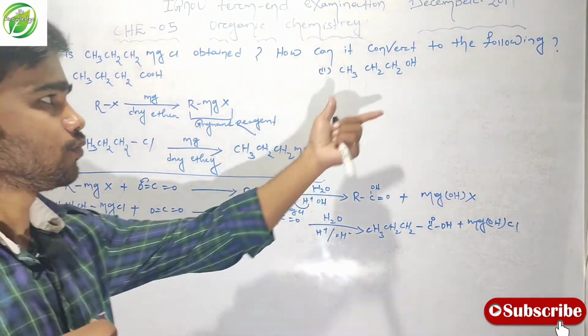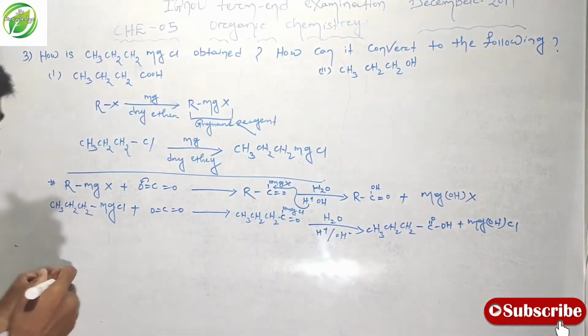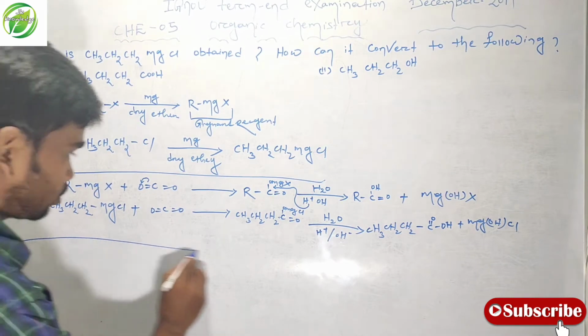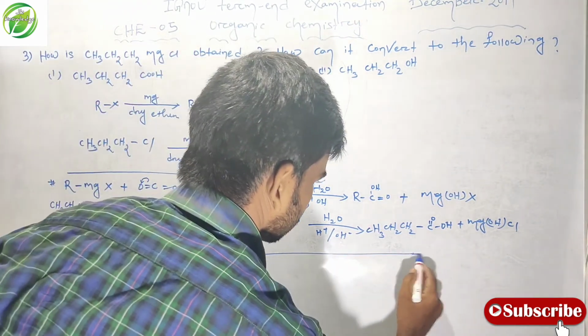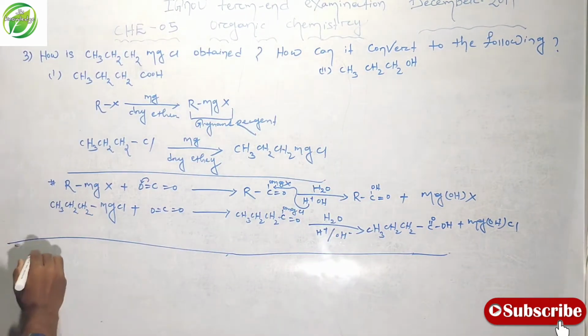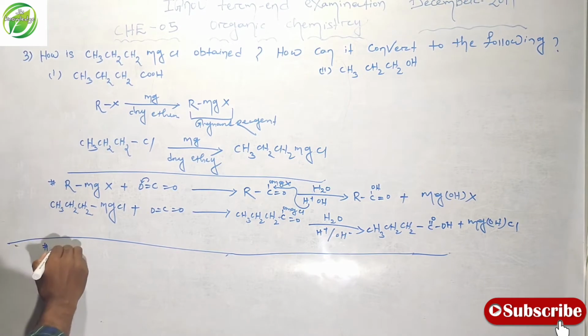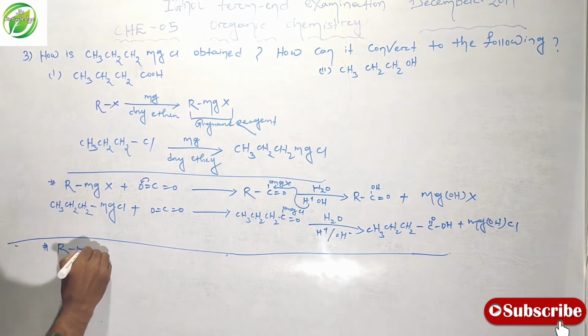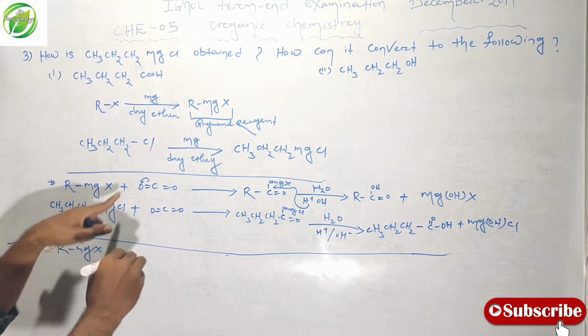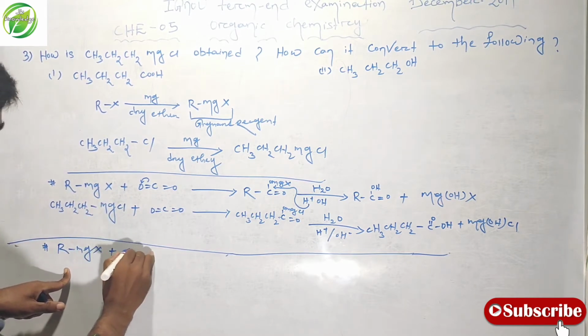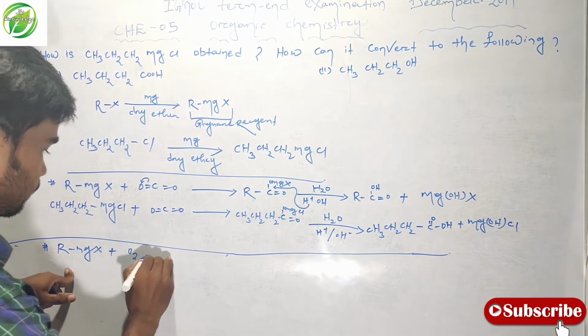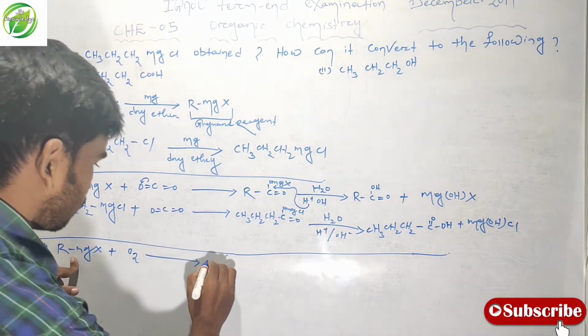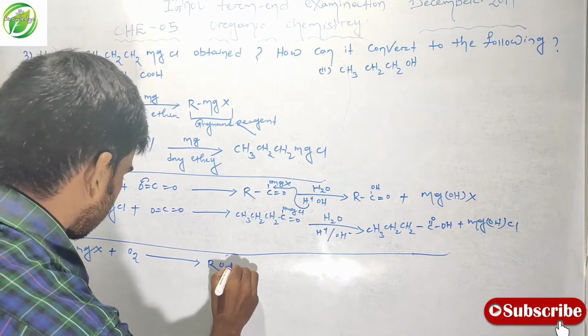But in the case of propanol, friends, we simply put this Grignard reagent. When Grignard reagent reacts with oxygen, the product formed is RO2MgX.